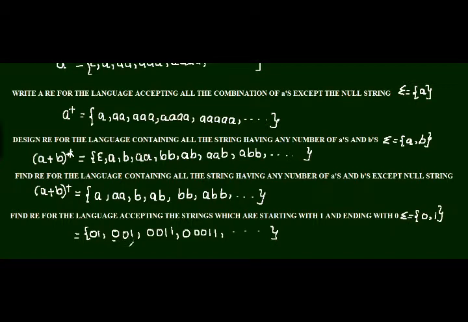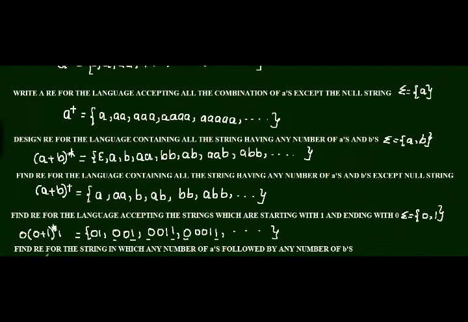Again it should start with 0 and end with 1, and start with 0, end with 1. So in between there can be any combination of zeros and 1. So we can write this as 0 into 0 plus 1 the whole power star into 1. So always the string will start from 0 and end with 1.